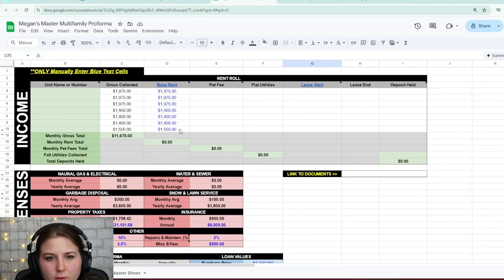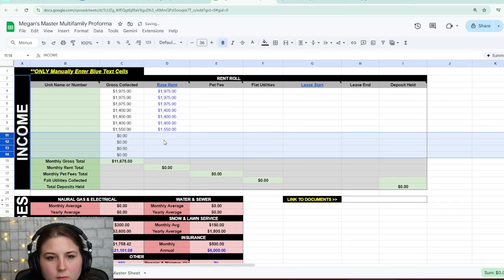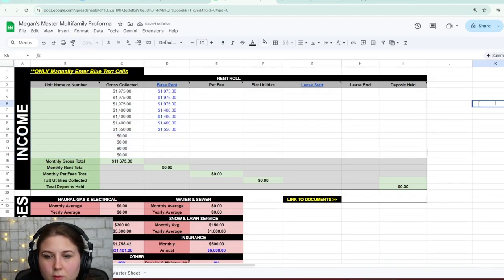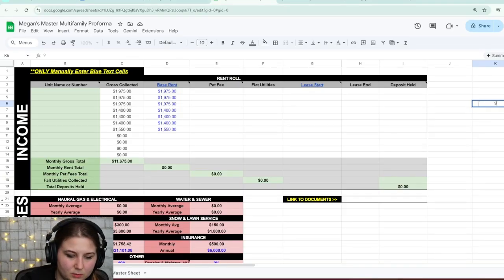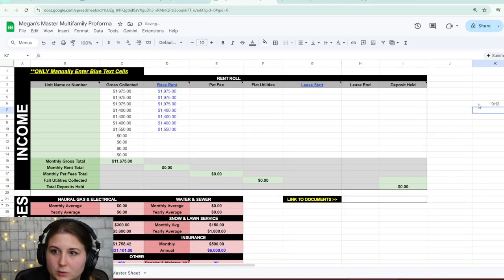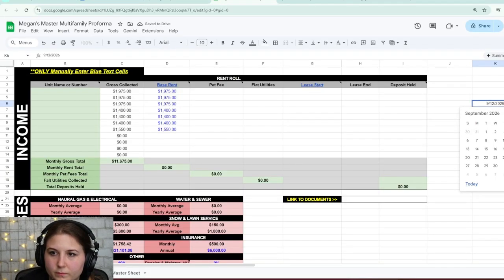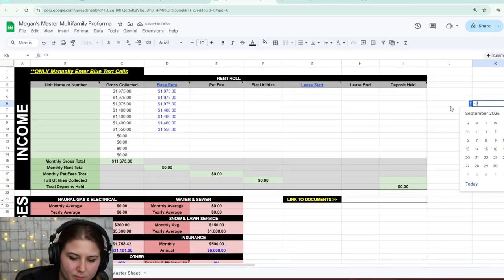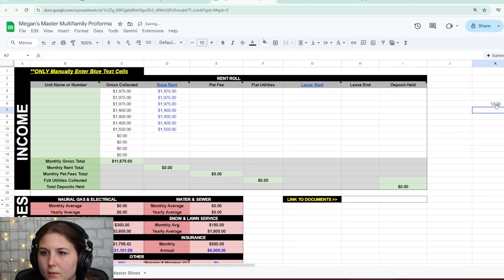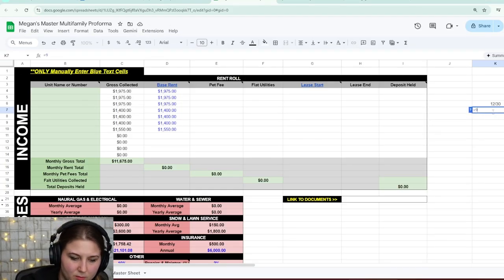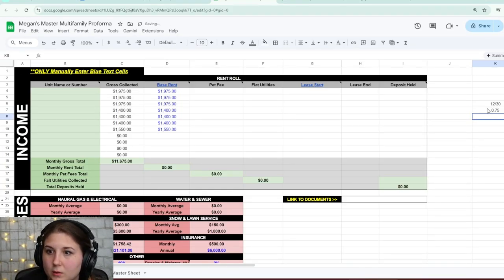Let's just say, for shits and giggles, I'm gonna add, well, what's 9K divided by 12? 9 divided by 12 equals 0.75. That'd be $750.